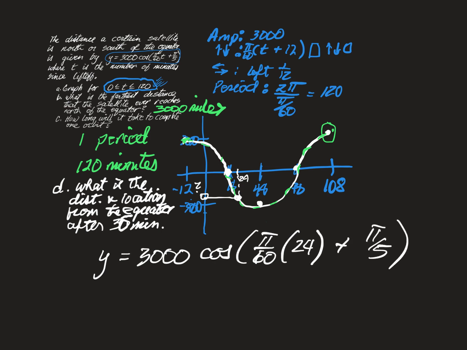Now notice we don't just plug 36 in there. It's 36 minutes after the start, so you start on your graph at negative 12 minutes. So that's why you put in the 24. And so this just becomes a calculation.